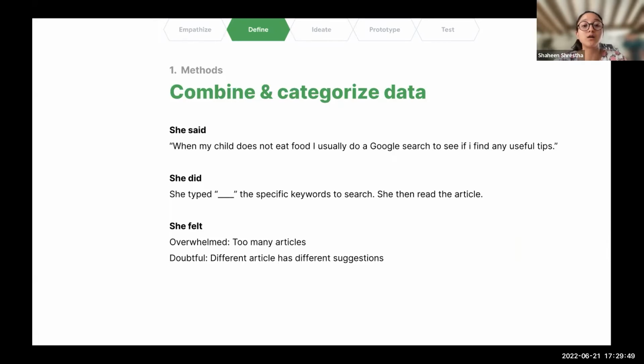So this is what she feels, this is what she does. Now what did she do? She typed specific keywords, and then she read an article with useful tips. And then what did she feel this time? She felt overwhelmed. She felt doubtful, because in each article there are different suggestions about the best tip. So we analyze data like this.